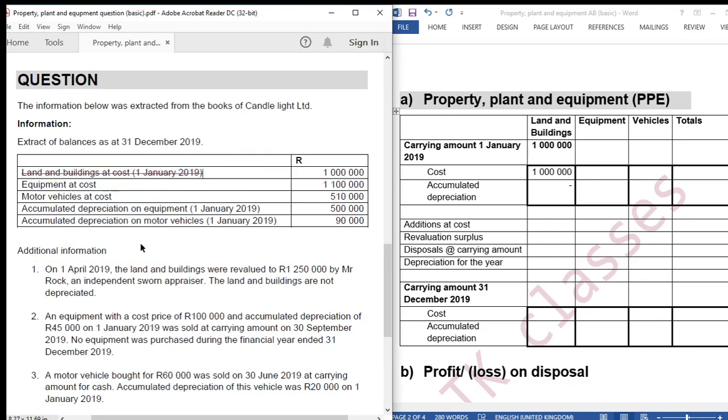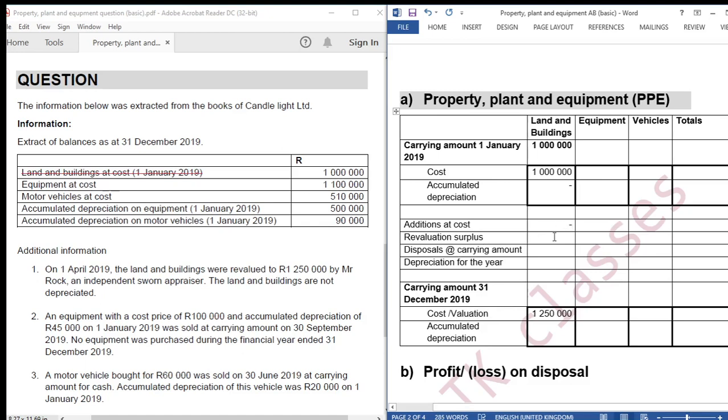Additional information number 1. On 1 April 2019, the land and buildings were revalued to 1,250,000 by Mr. Rock, an independent sworn appraiser. The land and buildings are not depreciated. This was revalued to 1,250,000. So this is cost or valuation. Additions at cost 0.